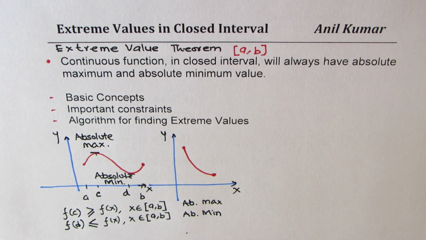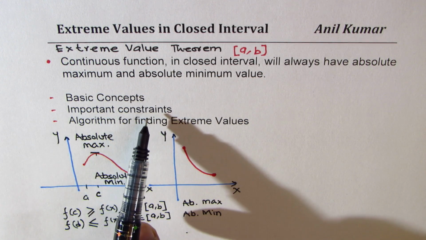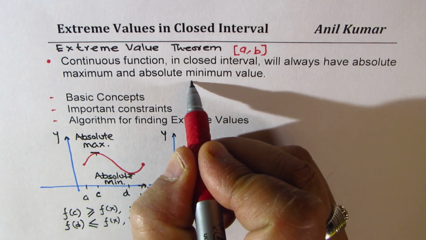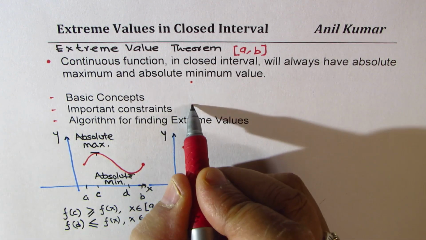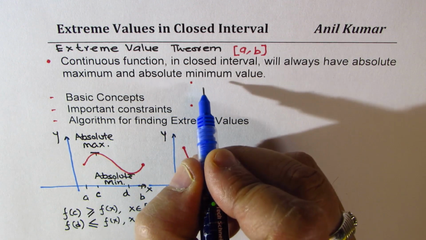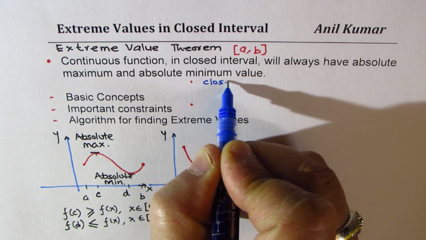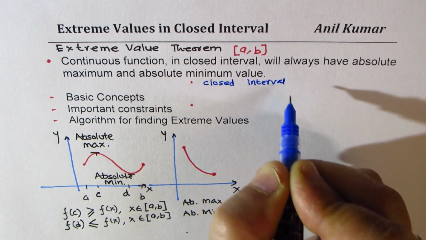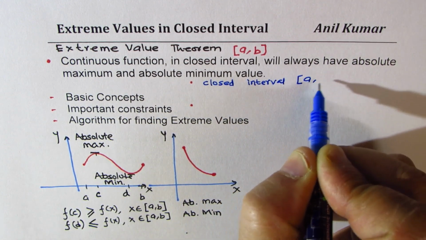Now in this, there are important constraints, and there are two constraints which we have seen here. First constraint and the second constraint, can you list those? The first one is we have a closed interval, like AB, right?